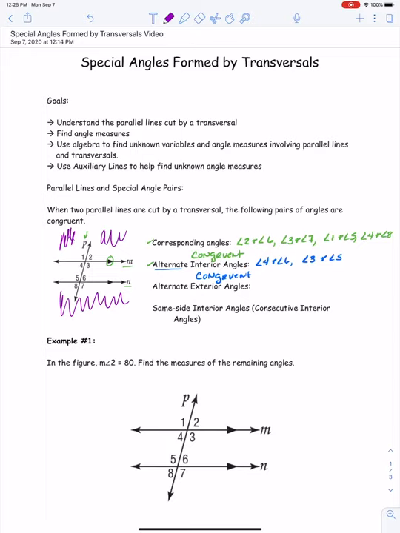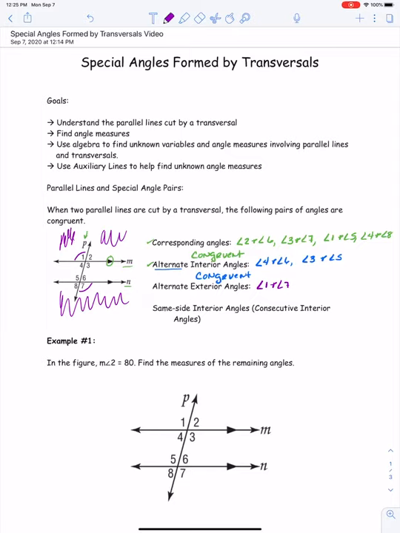So my very first alternate exterior angle pair would be angle 1 and angle 7. Look at them. They're on the outside of M and they're on opposite sides of P. So we know that angle 1 and angle 7 are going to be alternate exterior angles.